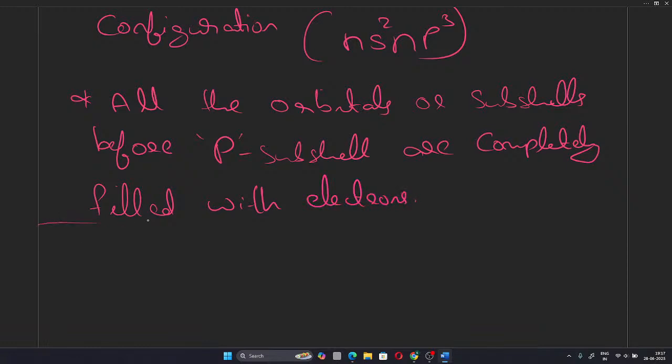This is the electronic configuration. Let's go to the next topic.